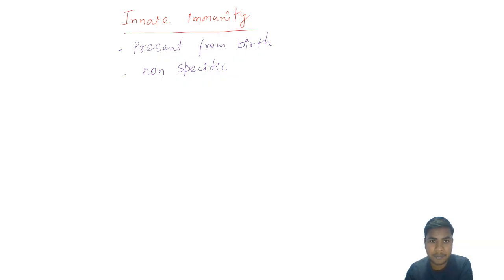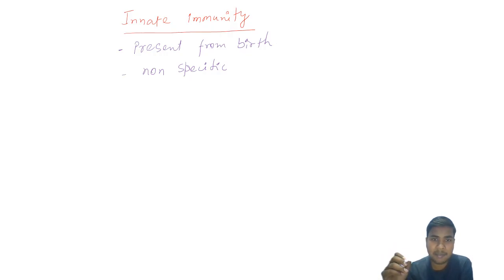After birth, the immunity which is present is innate immunity, but not acquired immunity. But successively, as we grow in life, we develop another kind of immunity, which is acquired immunity. We'll talk about it later.